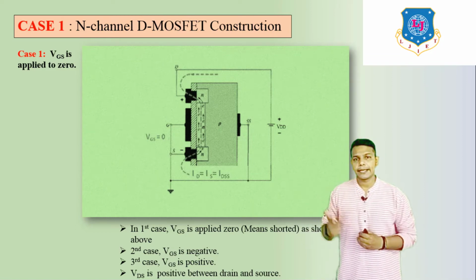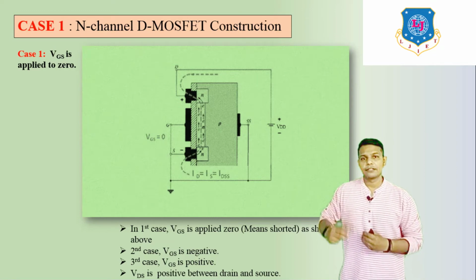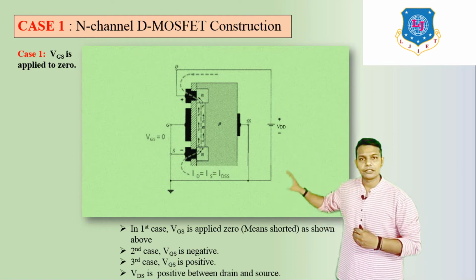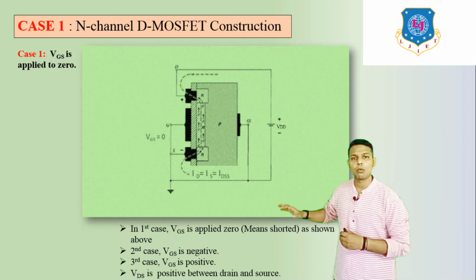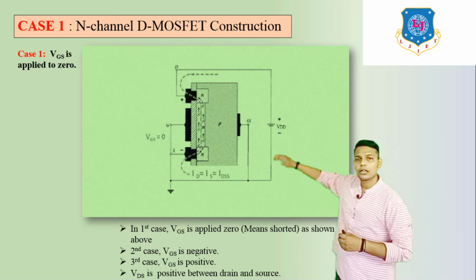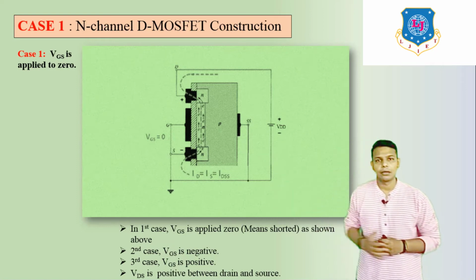And finally, case number 3, if VGS is positive, what happens? We will verify according to these 3 cases. So first we are taking case number 1, VGS equal to 0, that means the gate and source terminals are shorted. Simple.